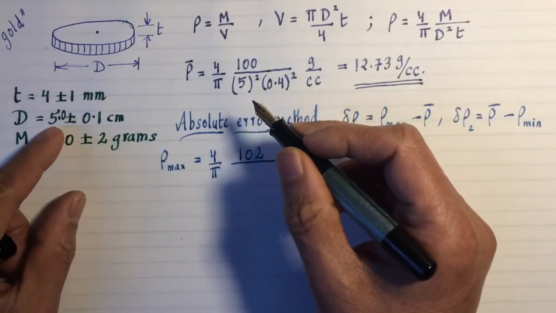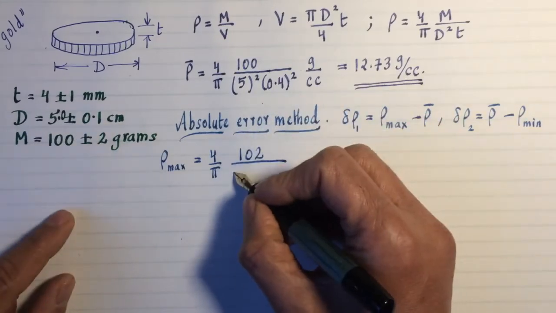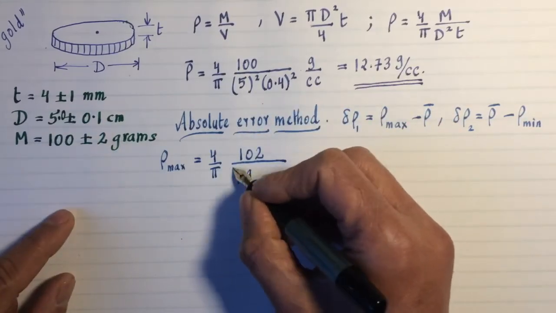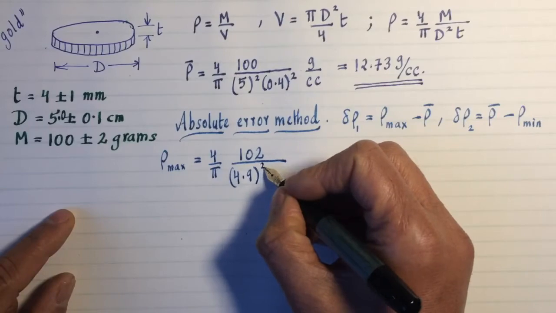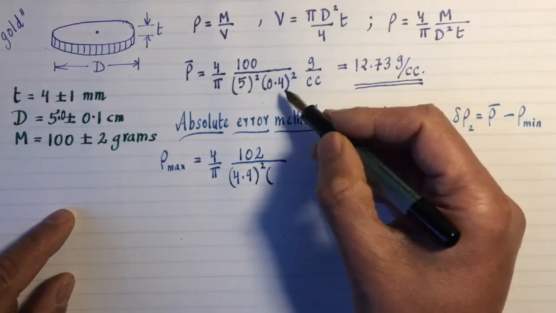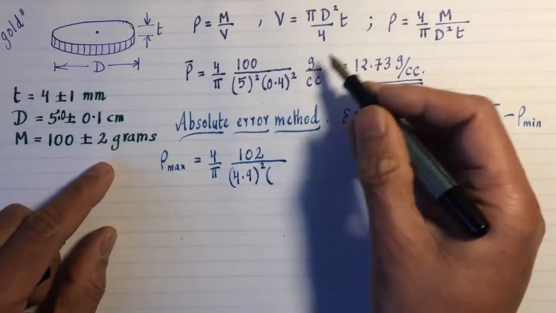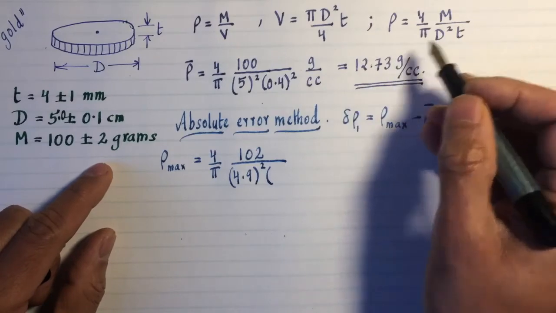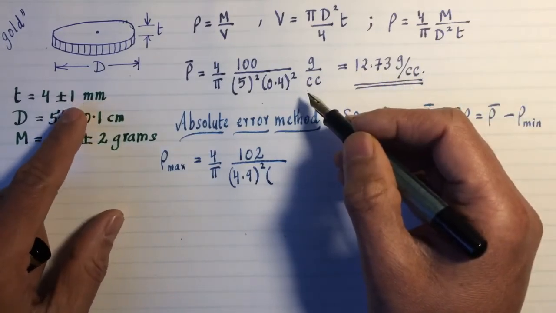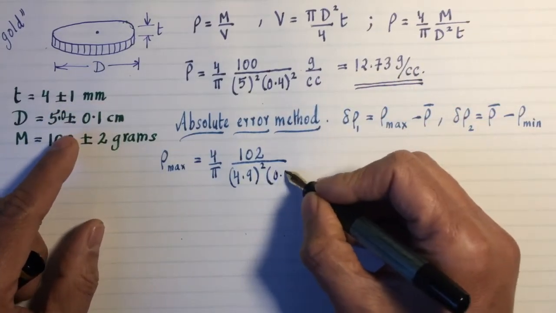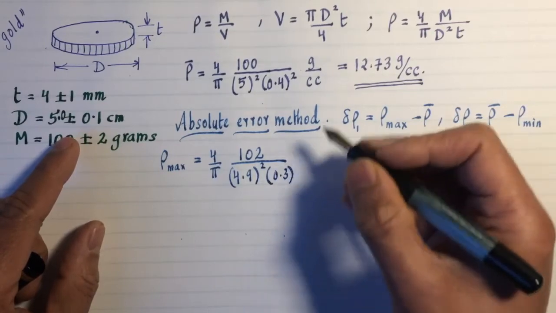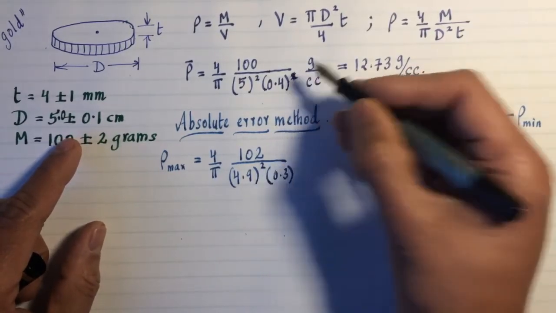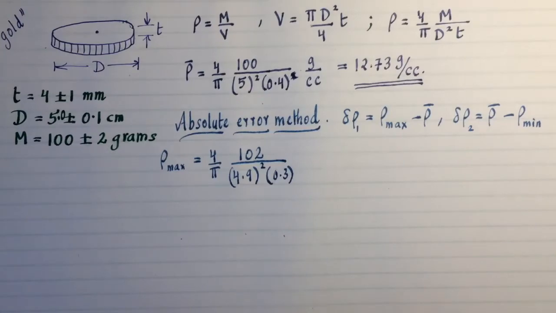So I'm going to put 5 minus 0.1, or 4.9 squared. And then I further minimize t. Minimizing t means that you subtract. So this is going to be 0.3 instead of 0.4. There's no square. I'm sorry, I didn't mean to write the square there.